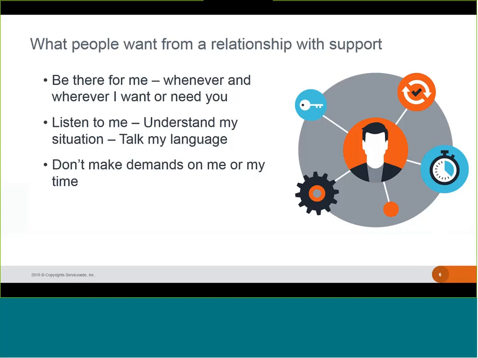I want them to know who I am, what I do, and what tools and resources I typically use. And they should speak my language. So they really need to eliminate the jargon and terminology that only an IT person would understand. And I want to interact with the right person first.